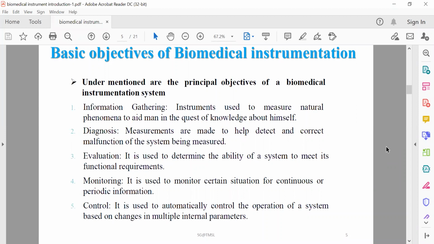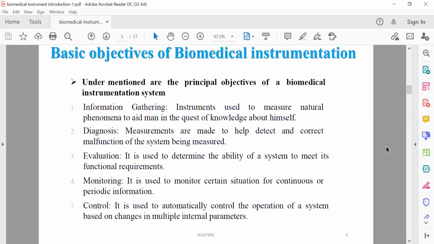So biomedical instrumentation involves all the objectives of the general instrumentation system. Instrumentation for biomedical research can generally be considered as information gathering instrumentation. It also includes some monitoring and control devices. It helps the physician in the diagnosis of diseases and other disorders.